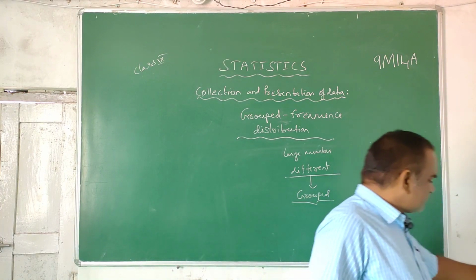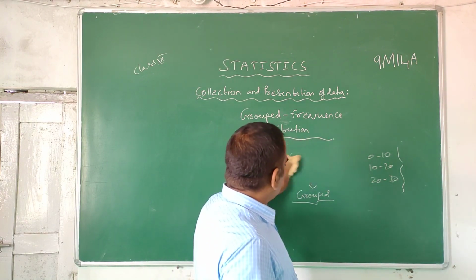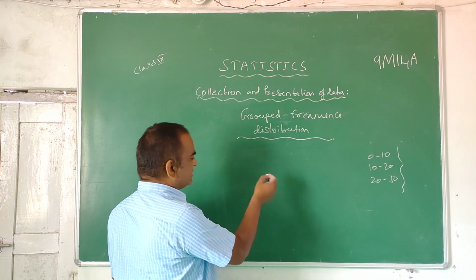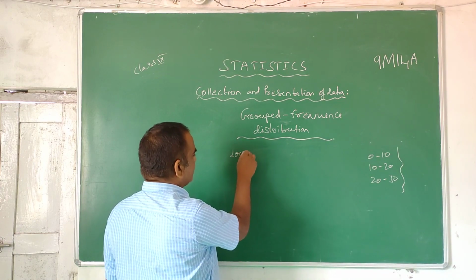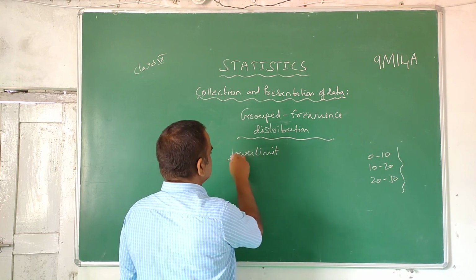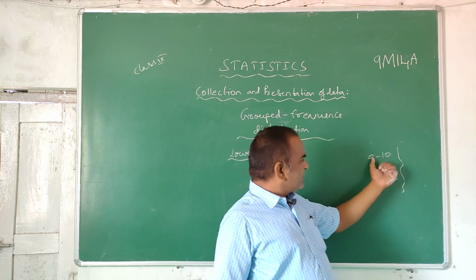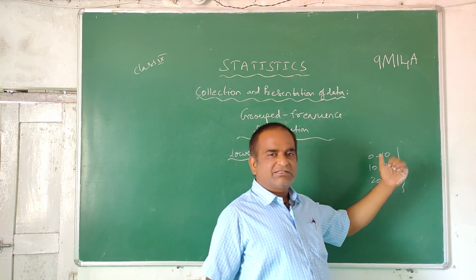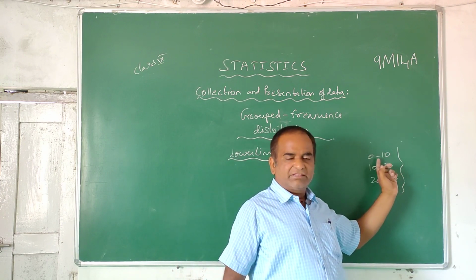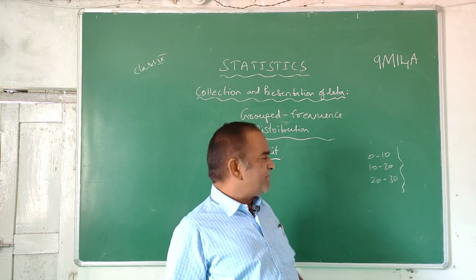Here you have to learn some important terminology. In the grouped frequency distribution, usually you will get the words lower limit and upper limit. In a group or class, the least value is called the lower limit. The highest value is called the upper limit.